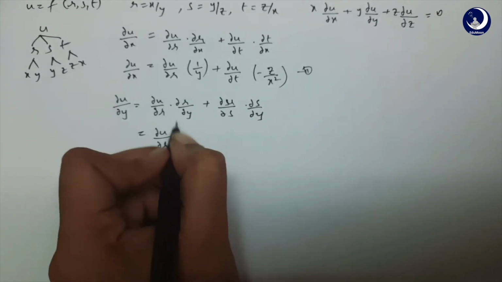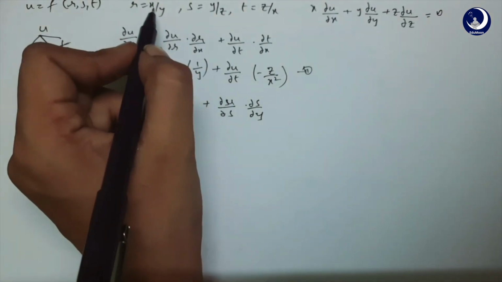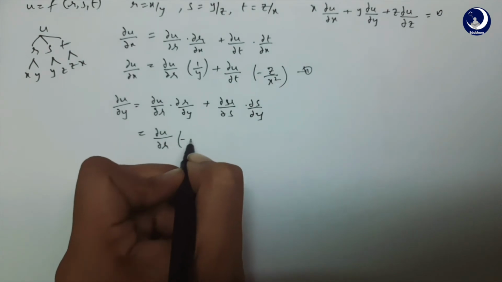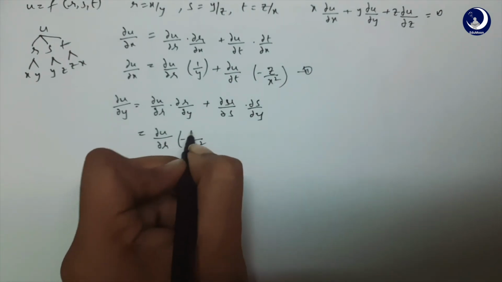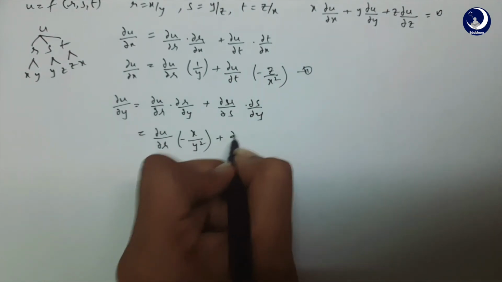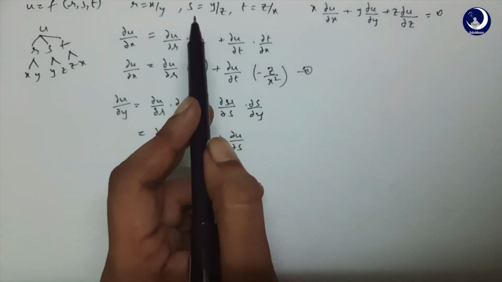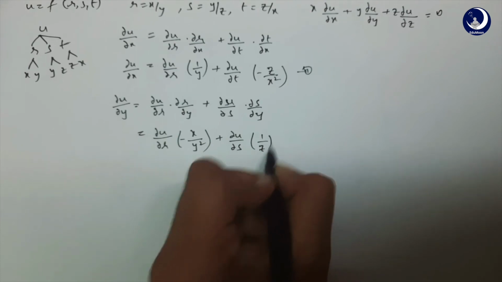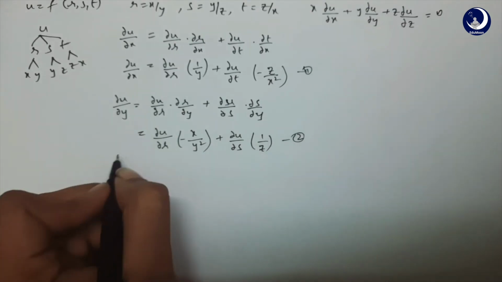That gives us ∂r with respect to y. We're partially differentiating it, so x is constant. Then we get minus 1 by y square. X is constant, so we leave it as it is, by ∂u/∂s. We are partially differentiating this equation with respect to y, so that would give us 1 by z. This would be equation number 2.